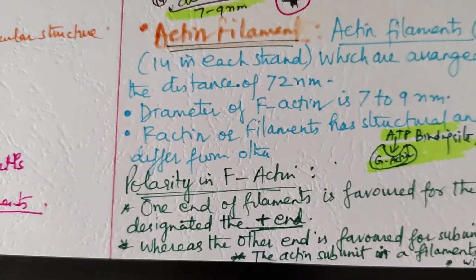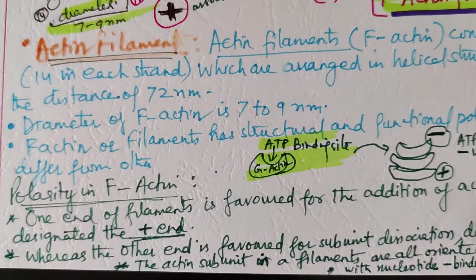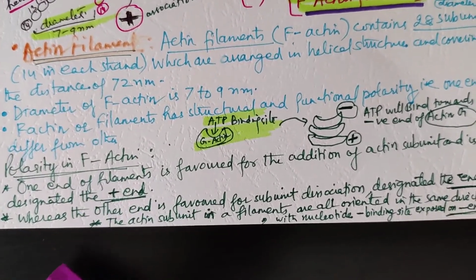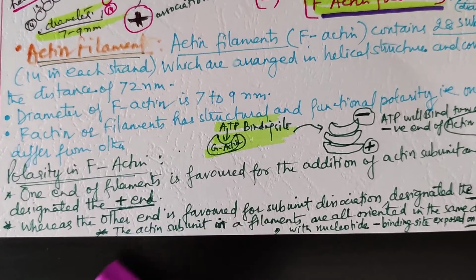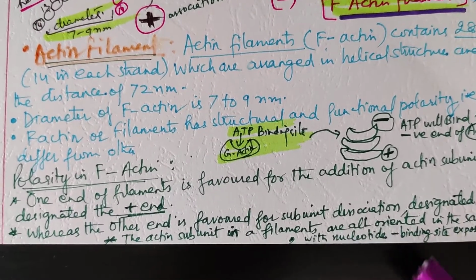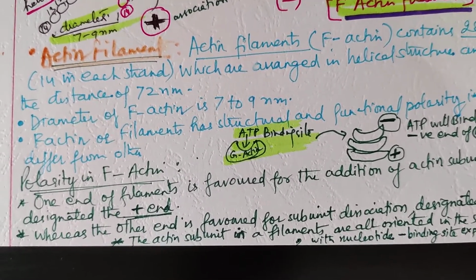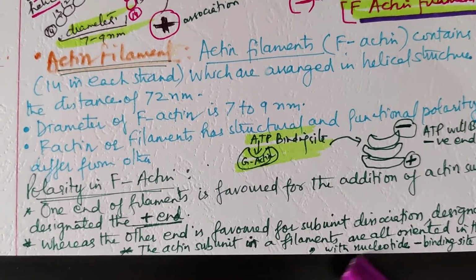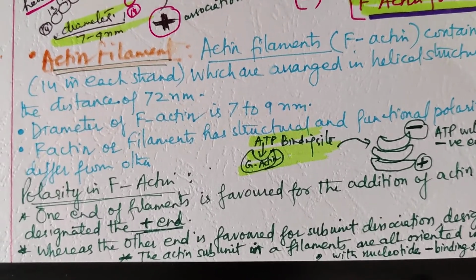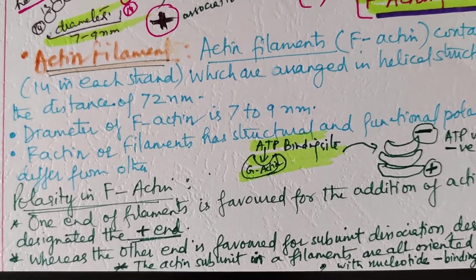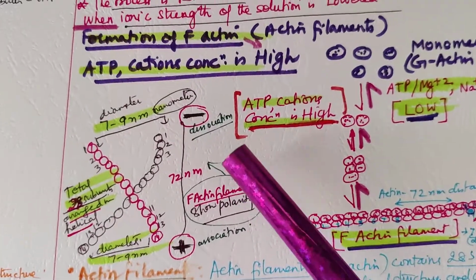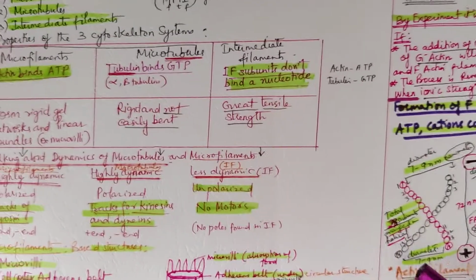Polarity in F-actin: one end of the filament is favored for addition of actin subunits and is designated the positive end, whereas the other end is designated the negative end. The actin subunits in a filament are all oriented in the same direction, with the nucleotide binding site exposed at the negative end, where I have shown here the negative end shows dissociation.